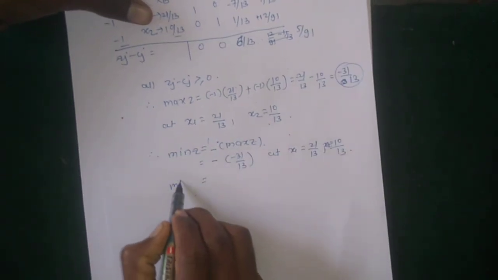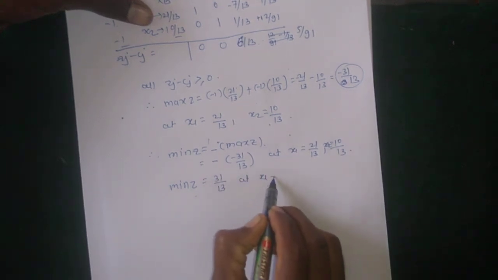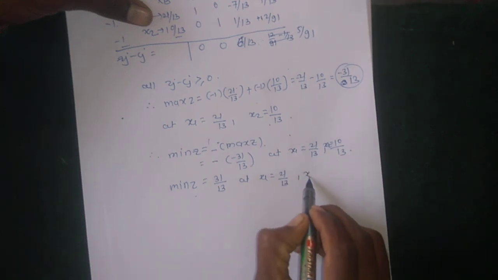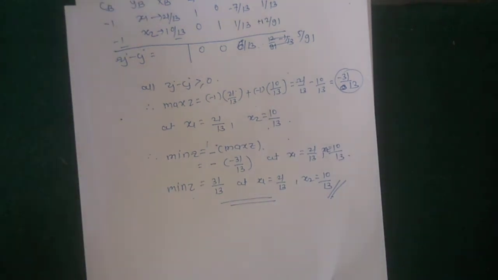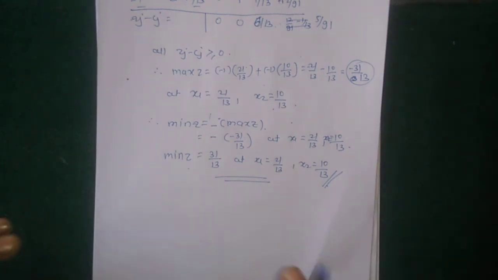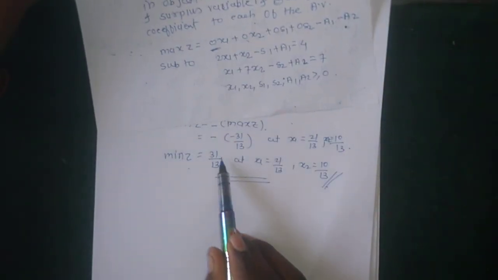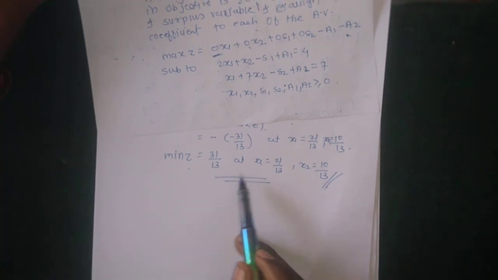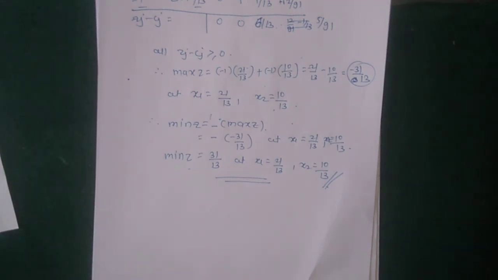Their value is minimum Z equal to 31 divided by 13 at X1 equal to 21 divided by 13 and X2 equal to 10 divided by 13. This is our solution for the original LPP problem. For this LP problem, the solution is minimum Z equal to 31 divided by 13 at X1 equal to 21 divided by 13 and X2 equal to 10 divided by 13. Okay, in this way we find the simplex method.